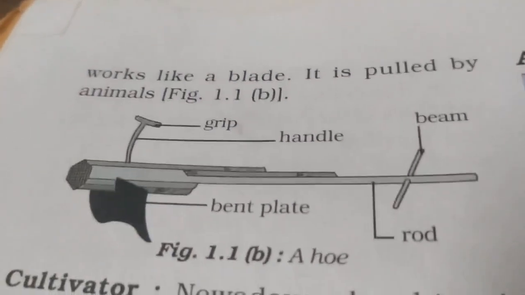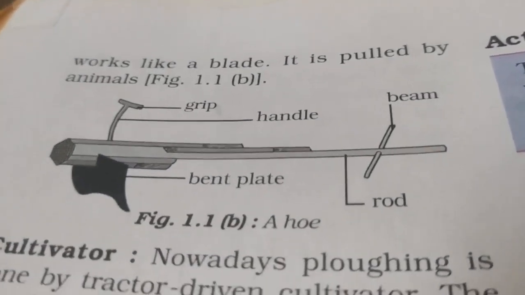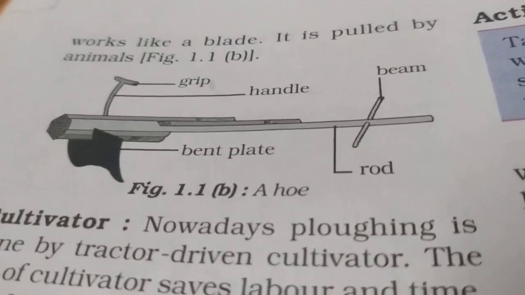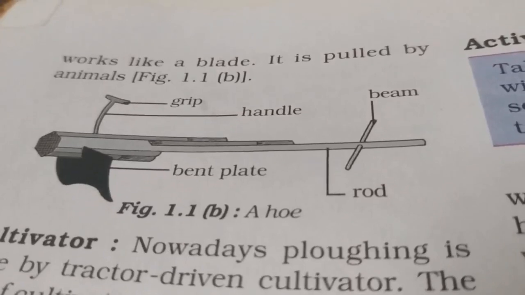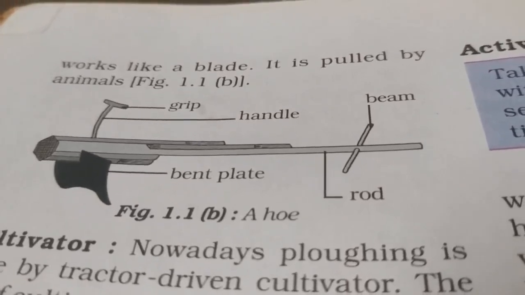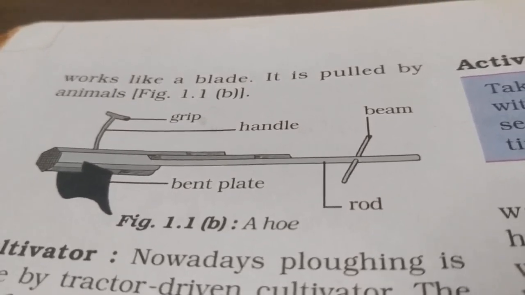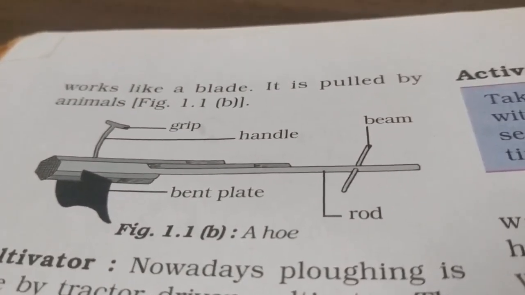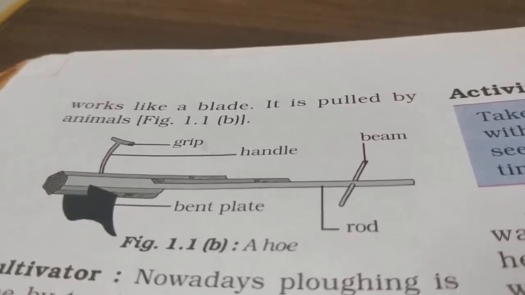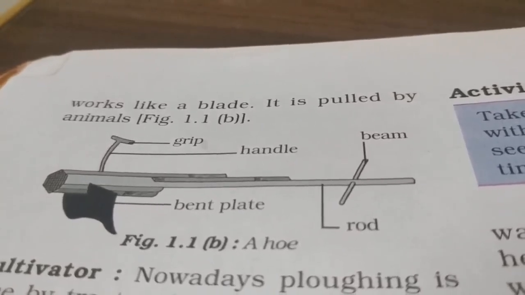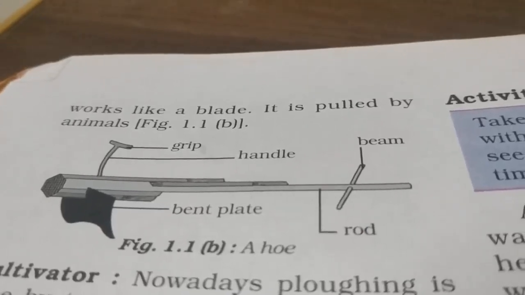So this is also a simple tool, used for removing weeds and also for loosening the soil. It contains a log of wood or iron. A strong bent plate of iron is fixed to one of its ends, and this strong bent plate acts as a blade.